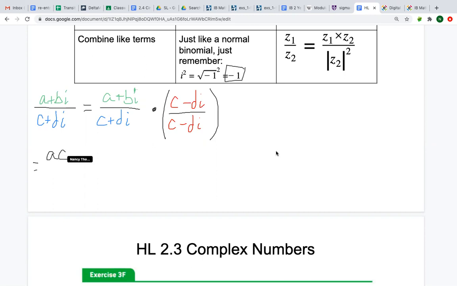So we have AC minus BD minus ADi plus BCi, all divided by, and this time our middle terms will cancel when we multiply it out, and this becomes c plus d.